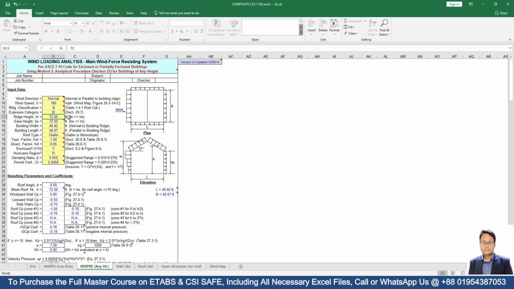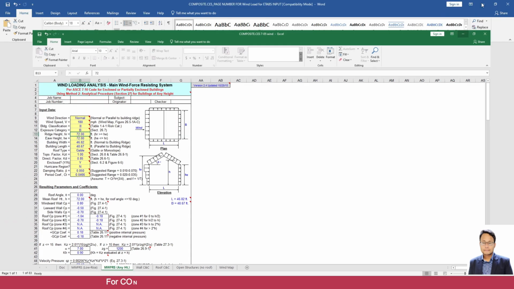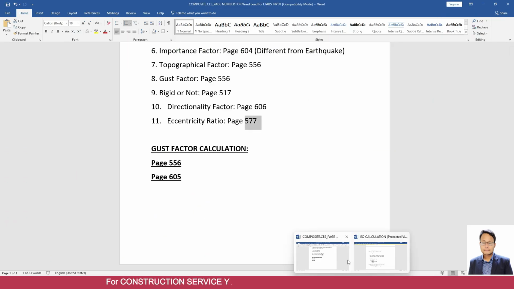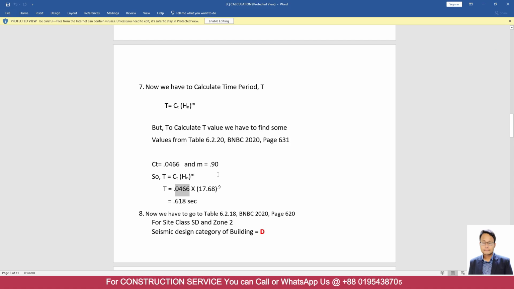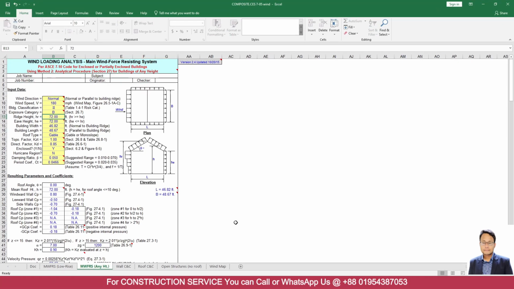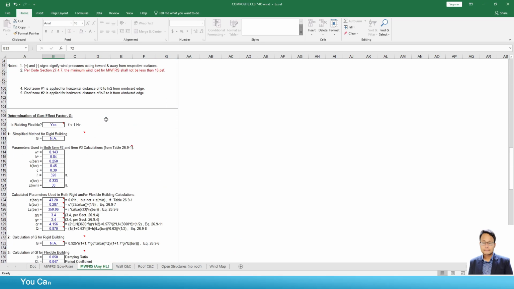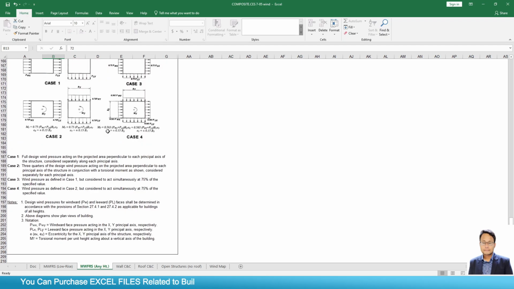But in the previous episode we took the value of HN in meter, but this Excel sheet is calculating the value in feet. So if you are following BNBC 2020, in that case we need to make a little modification here.